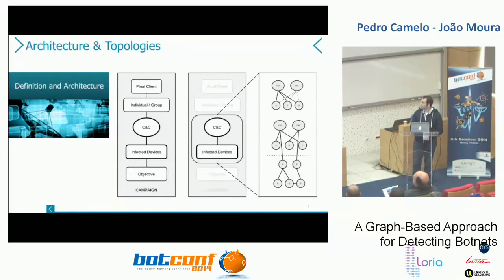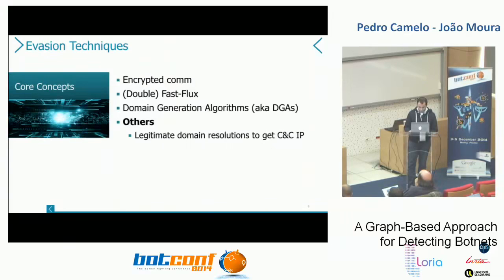We will be focusing on that zoomed section in the middle between the C2 and infected devices, which may have different types of topologies. I'll talk now about the evasion techniques; some of them I consider for the detection, and some others are just not possible by the means I use.